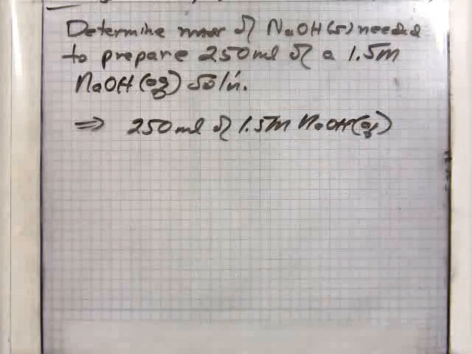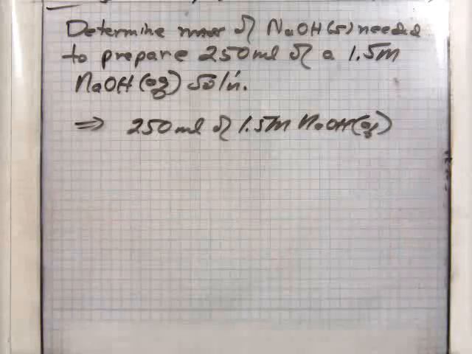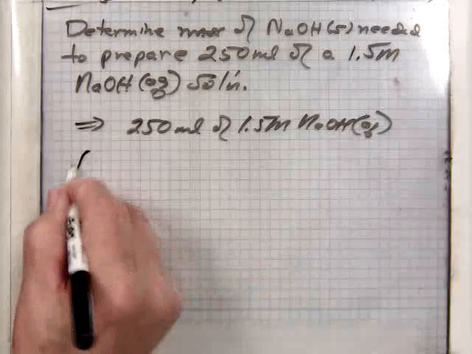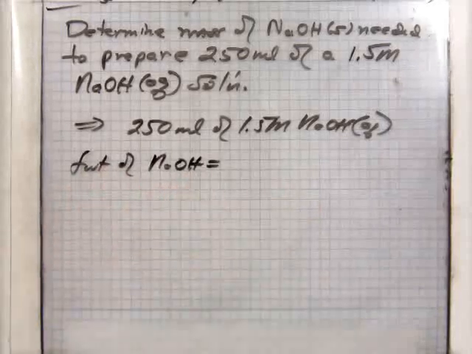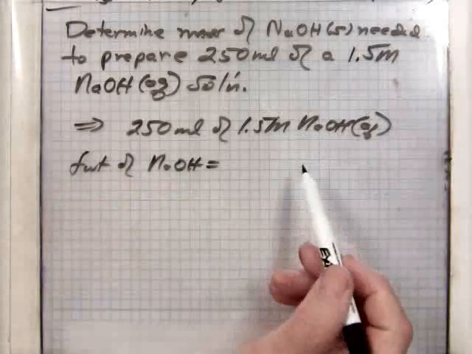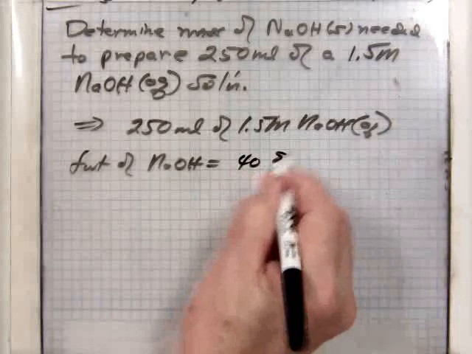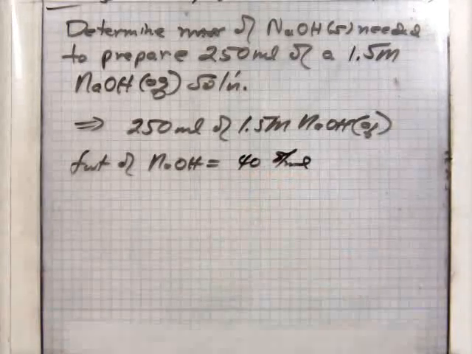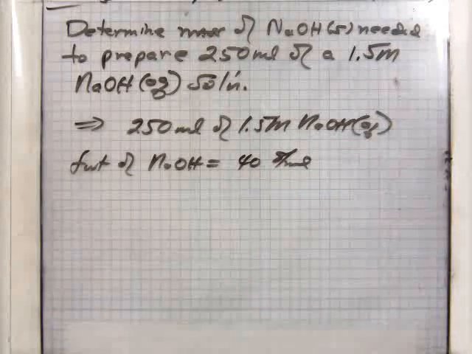I had to put it in question form anyway. So simply, we're going to make 250 milliliters of 1.5 molar sodium hydroxide. And it comes, like I say, in stock. Now, let's assume the formula weight of sodium hydroxide is 40.